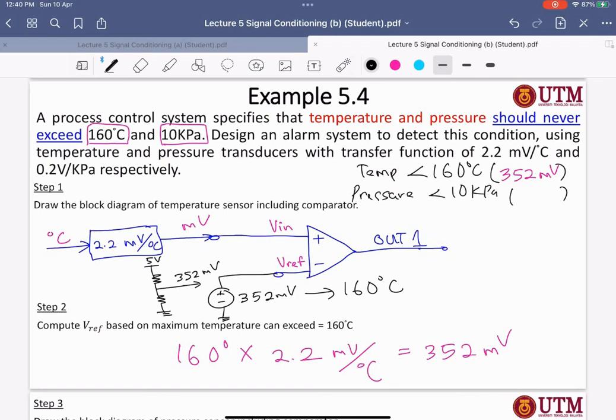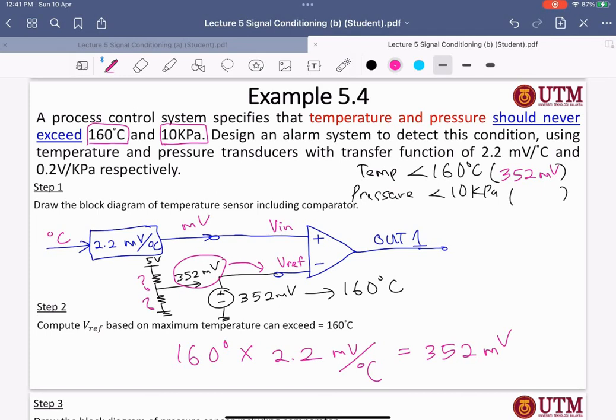What this value is doesn't matter, so that you can have this output. There are two options here. You can use the potentiometer as a voltage divider, and then you adjust to get 352 millivolt. So we know that 352 millivolt will represent 160 degrees.